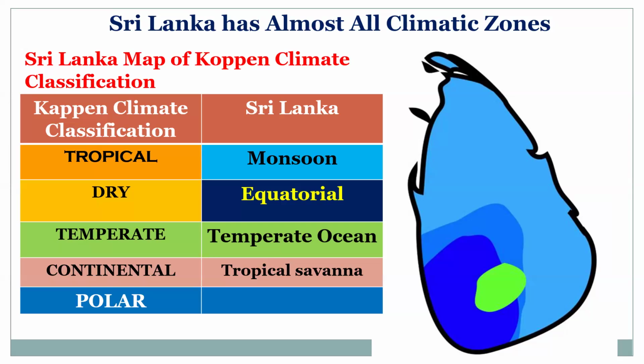It's called the Köppen climate classification. So we have monsoon, equatorial, temperate zones, tropical savanna. No, we don't have that. I think yes. A tropical savanna is somewhere here. Of course, we don't have all of them.